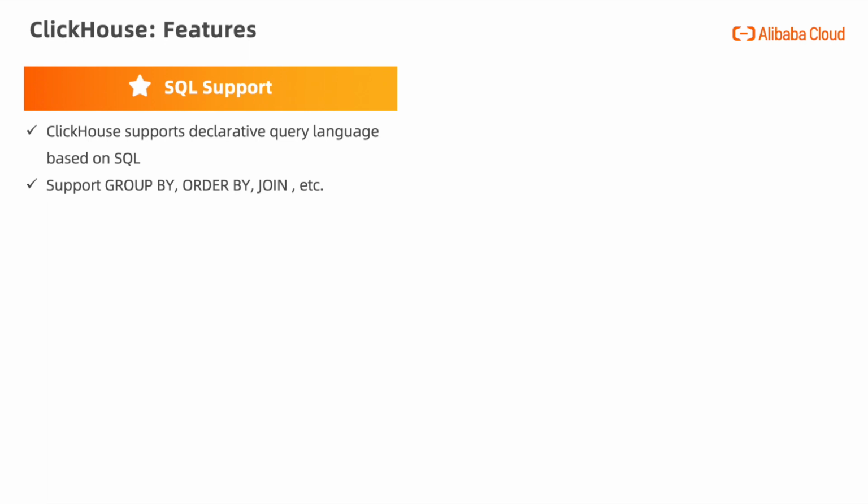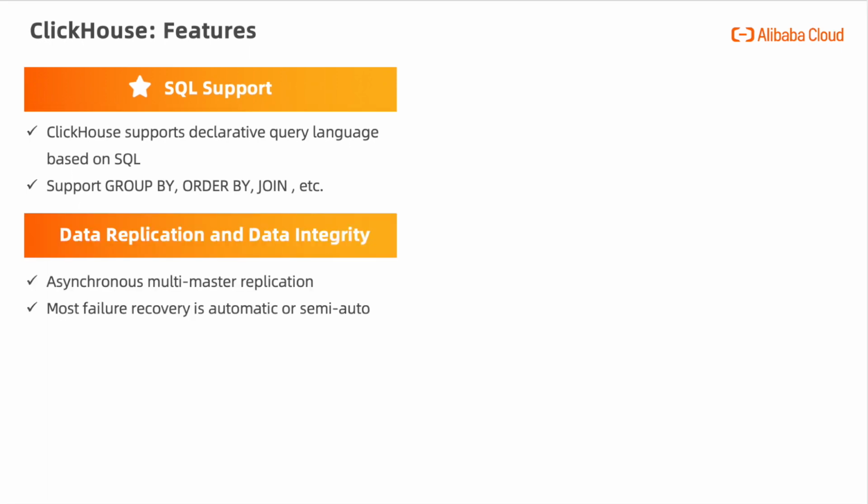Besides, there are 6 features that are good to learn for a better understanding of ClickHouse. First of all, as with the SQL structure that we introduced before, ClickHouse is highly compatible with SQL. Actually, in the official documentation, the description is that ClickHouse supports a declarative query language based on SQL. So it could support group by, order by, join, and so on.